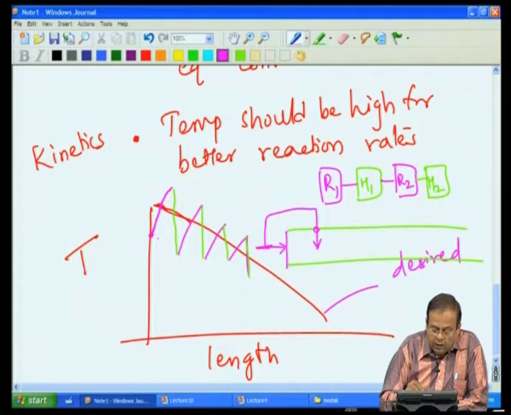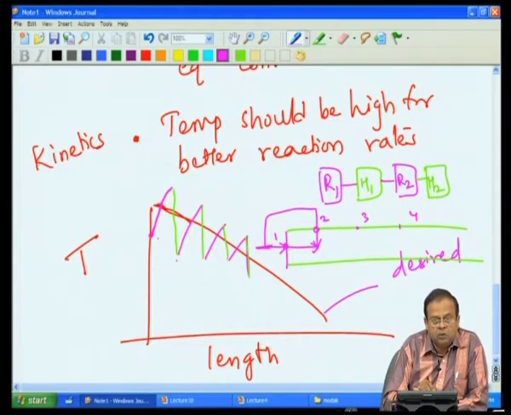So, my feed locations are no longer just the inlet point and the exit point, but I have inlet points 1, 2, 3, 4 and so on. If I introduce a cold feed which mixes with this hot stream, what will happen? The temperature will come down. Of course, in this case the conversion will also change, but that is a small detail.